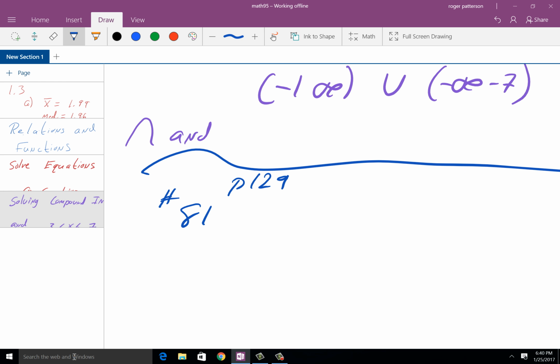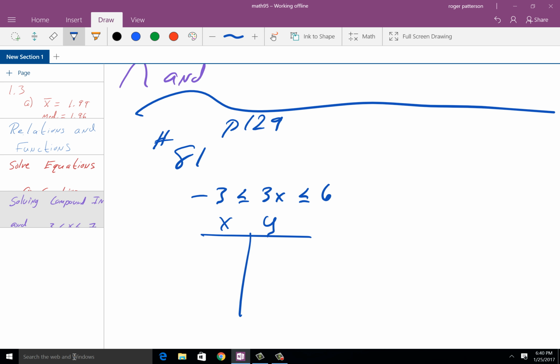Okay? So it says, use the table to solve the three-part inequality. Write your answer in interval notation. So here's the little inequality that I'm doing. Okay, and then it gives me a table.